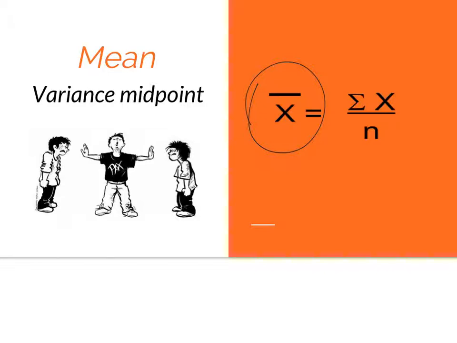Later I'll tell you when we talk about populations, these change, right? As if statistics weren't already difficult or confusing enough. So you have mean. The mean equals the sum of all the values divided by the number of people surveyed, or the number of values you have in the set of data.